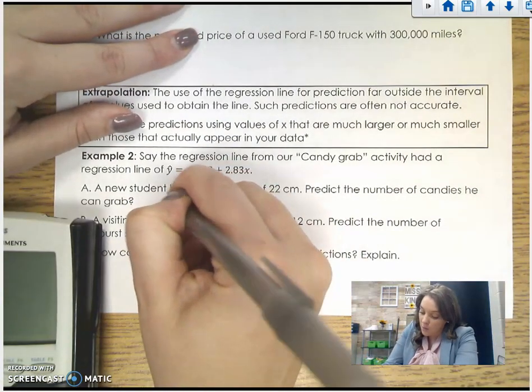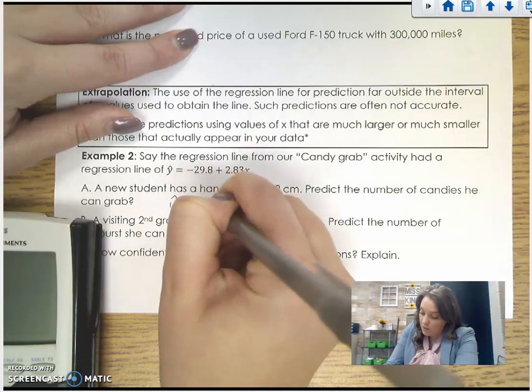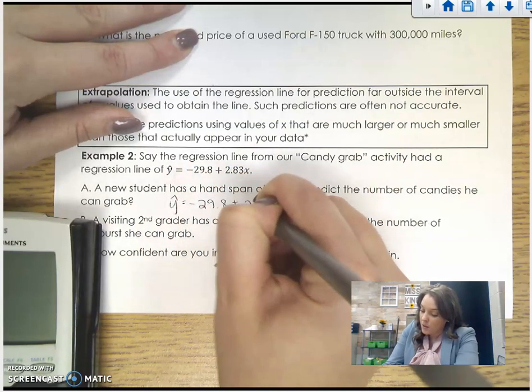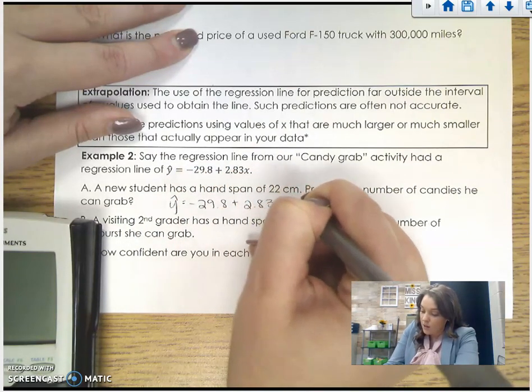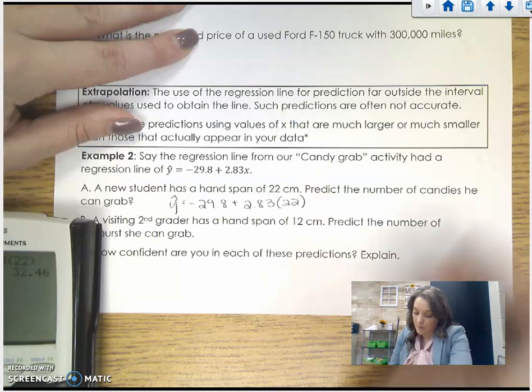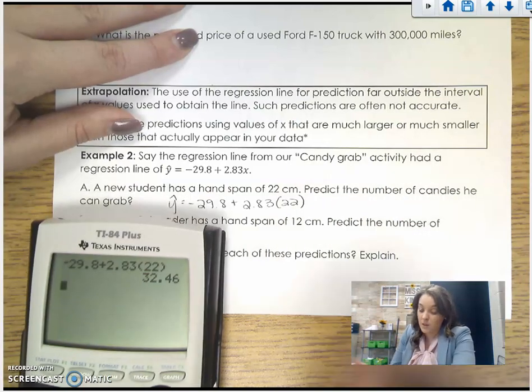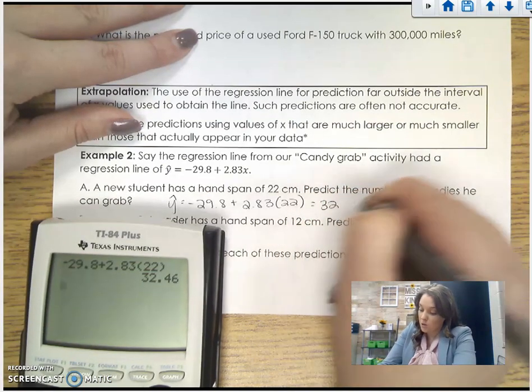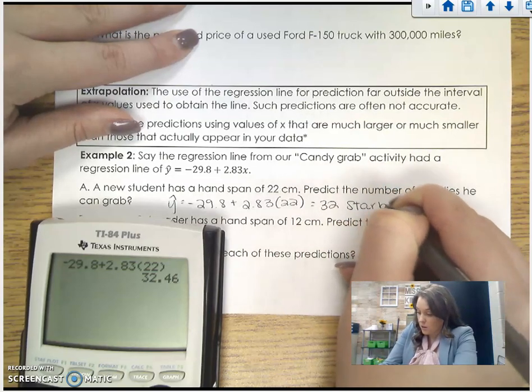So y hat equals negative 29.8 plus 2.83 times 22. When I quickly do that in my calculator, I get 32.46, so I'm going to say 32 Starbursts.